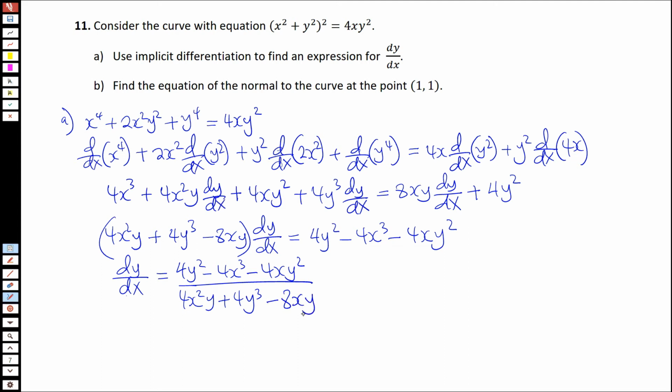Now we can divide both the numerator and denominator by 4, so we shall end up with a simpler expression.